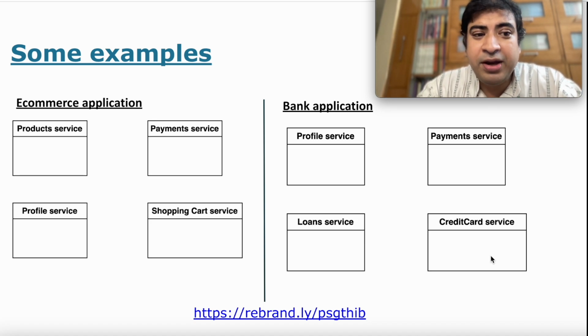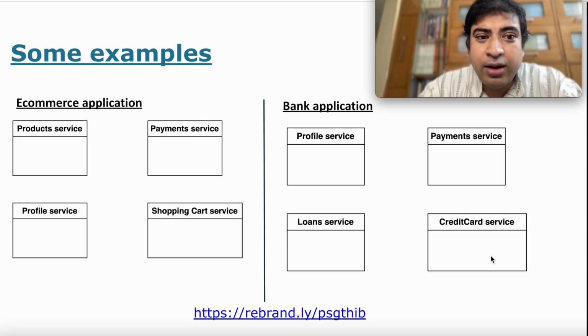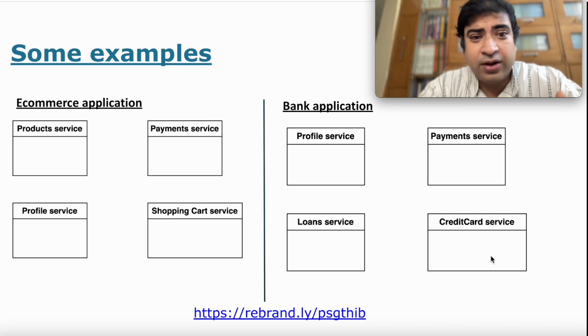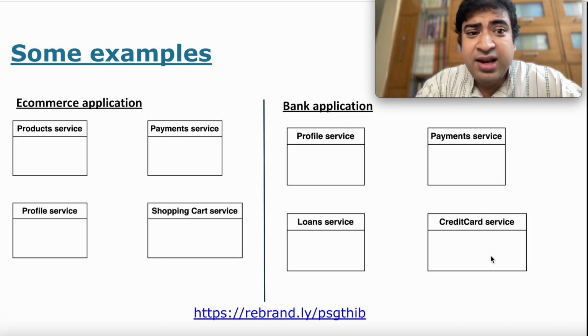An e-commerce application can be split into parts like a product service, a profile service, a payment service, and a shopping cart service, where each service has its own functionality. The product service will list the products, and then you can go to the product detail page where you can see the details of the products.